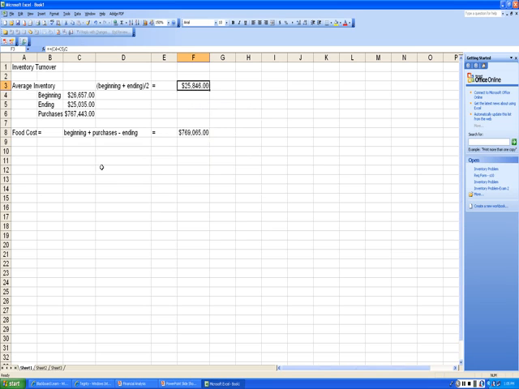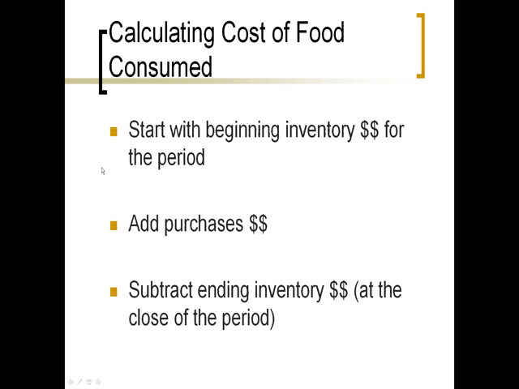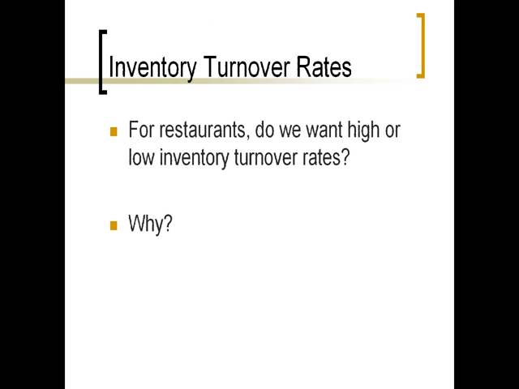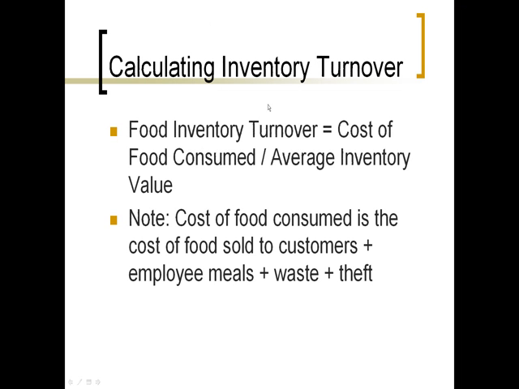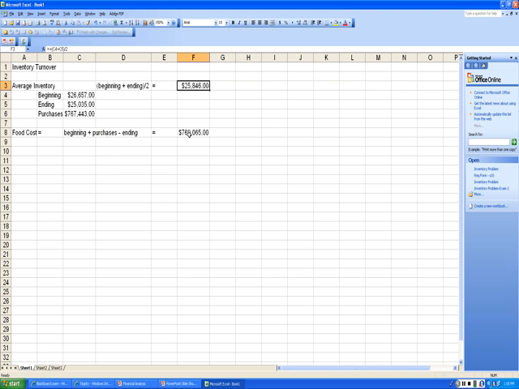And so then, if we go back, the way we calculate it is the cost of the food consumed divided by the average inventory value. So the cost of food consumed is this, and the value is that.